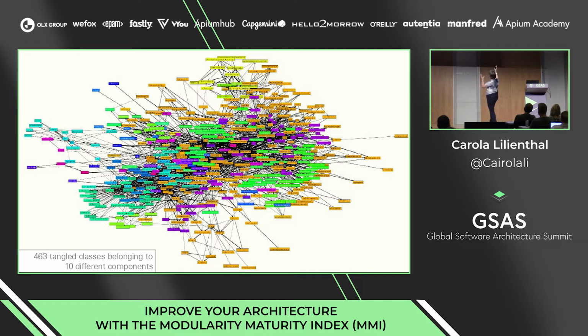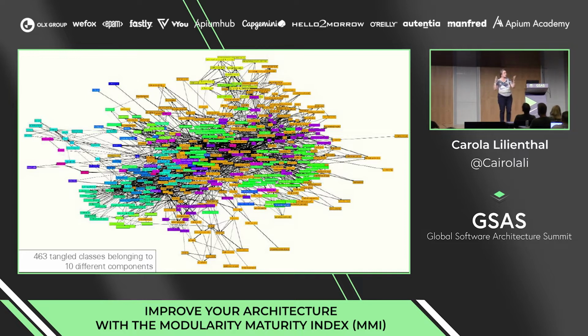So this is a real class cycle. They are all tangled together, and the colors indicate that they come from different domain modules in this system. So this is what you find in there, and this is really, really horrible. And I will try to explain to you what to do about that.